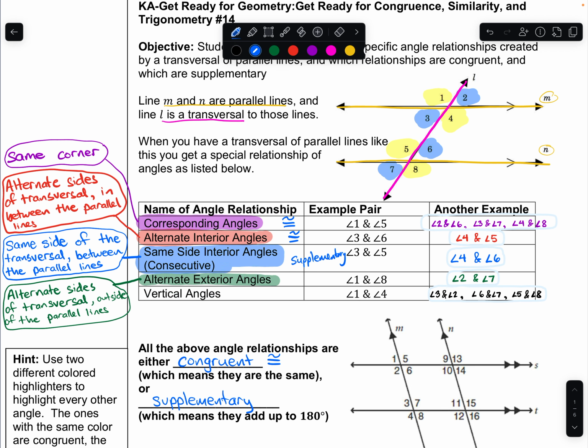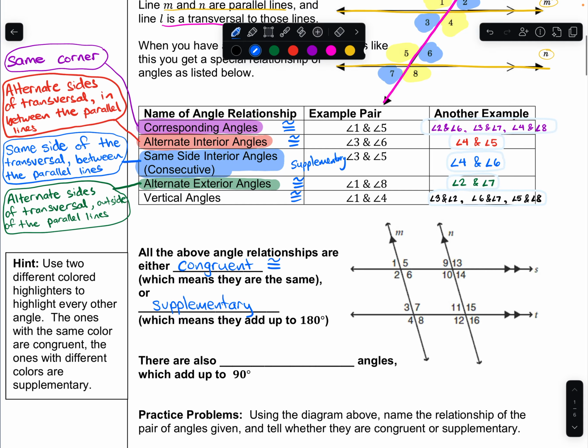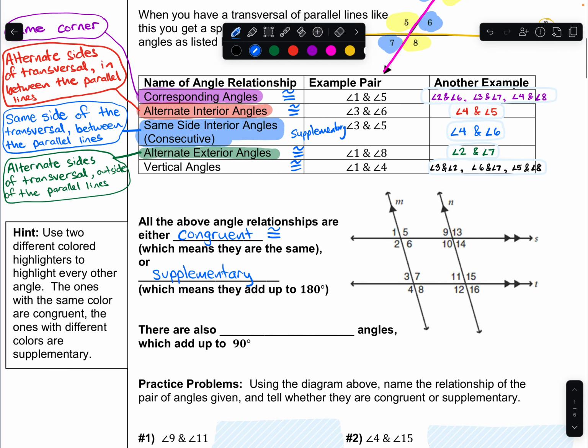They're both yellow. They are congruent. And vertical angles, we know from last chapter, those are congruent. You don't need to fill this in. If you did fill in the blank, it'd be complementary. But we talked about complementary angles last lesson, and it doesn't really apply to this picture.